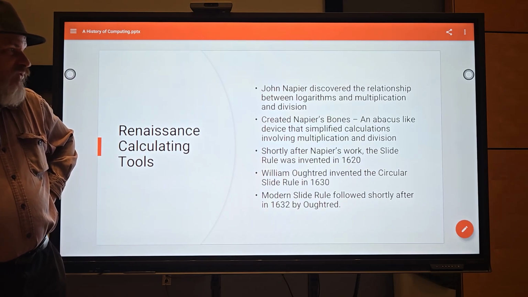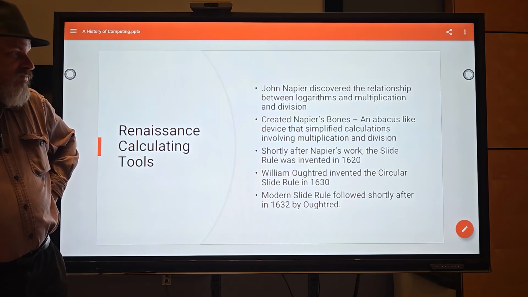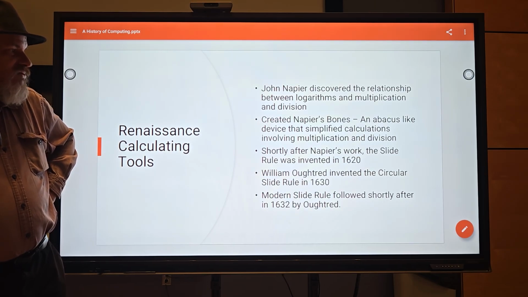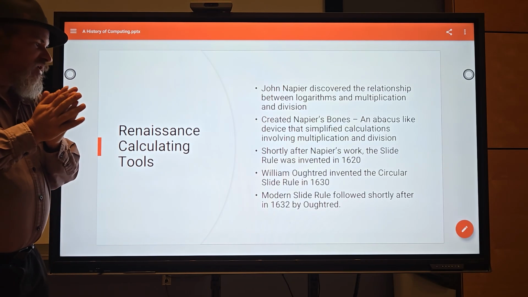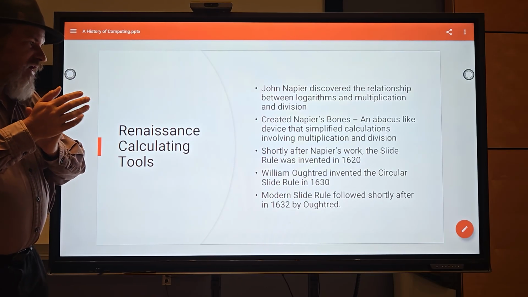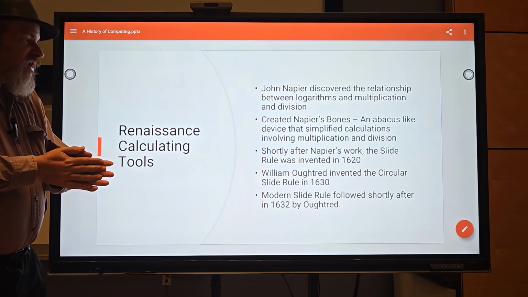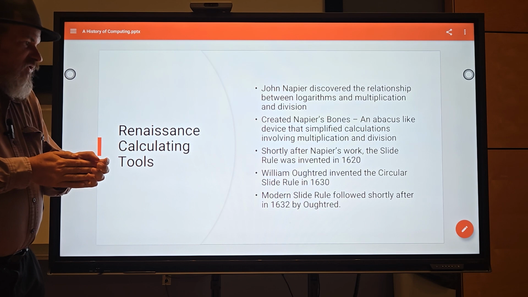Shortly after Napier's work, the slide rule was invented in 1620. William Oughtred invented the circular slide rule in 1630, and he followed it up with what we know now as the modern slide rule in 1632.